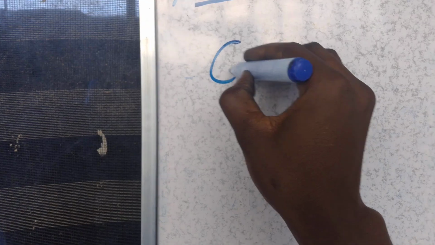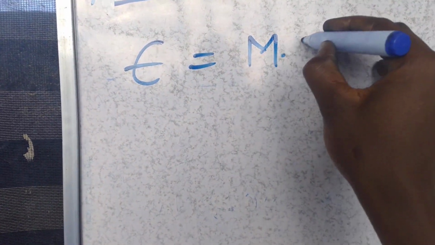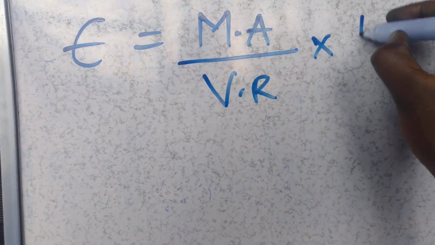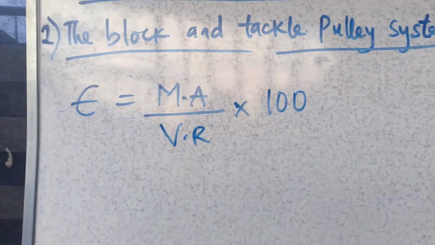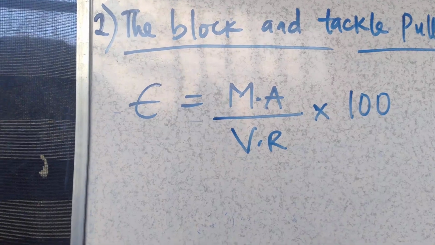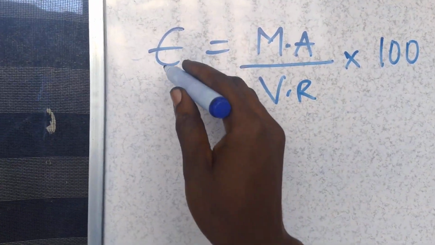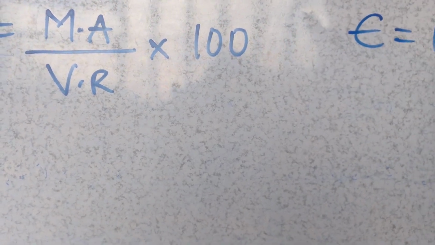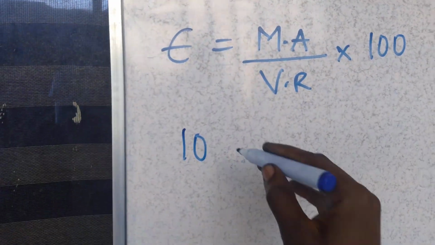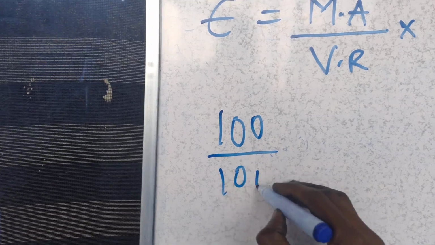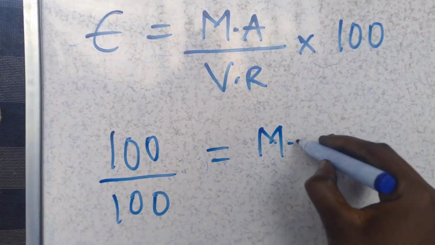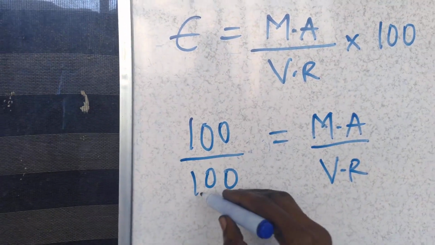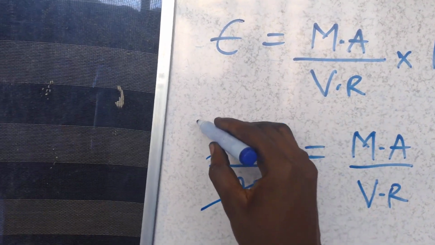So we know that efficiency is equal to mechanical advantage over the velocity ratio times 100. Now we are told that the efficiency is 100%. So converting that to a fraction, 100 divided by 100 is equal to mechanical advantage over velocity ratio. So 100 divided by 100 is 1.